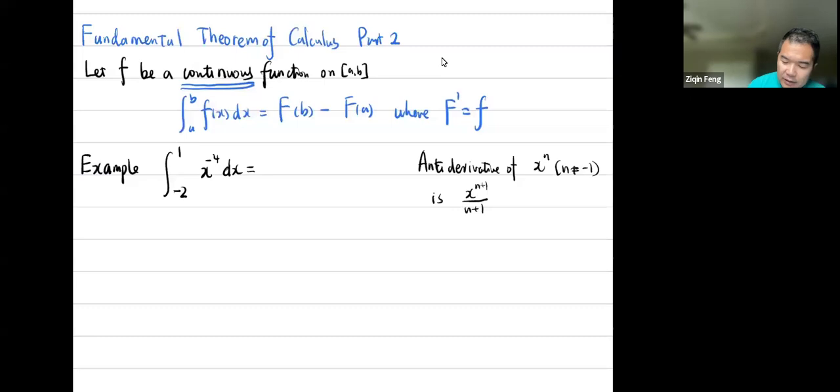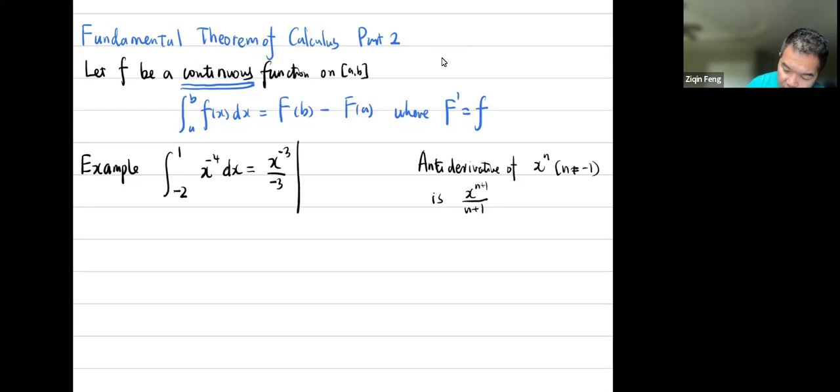We know what n is here, which is -4, so we get x to the -3 over -3.